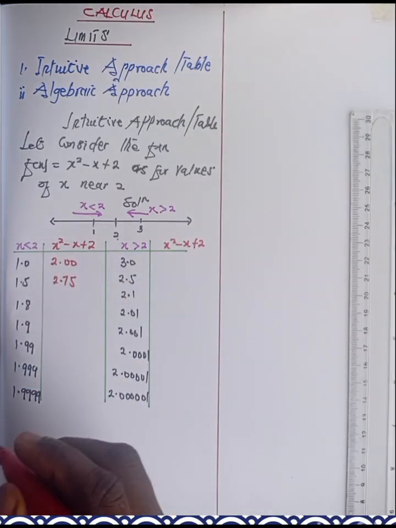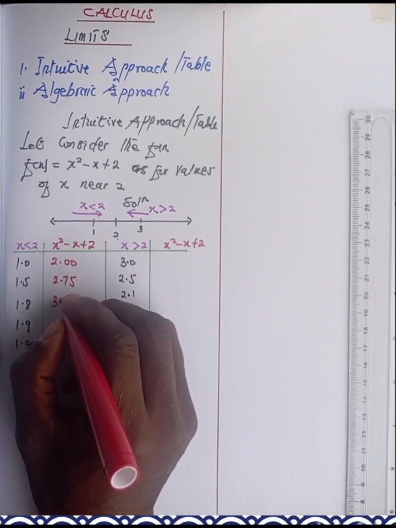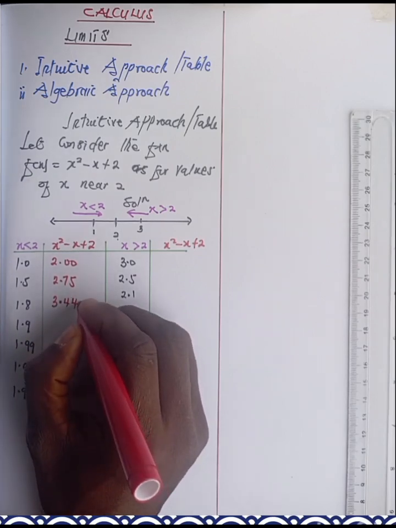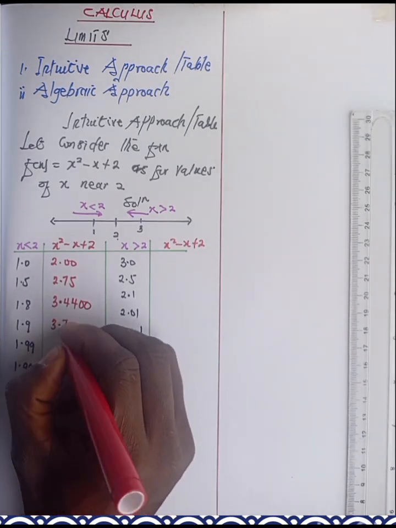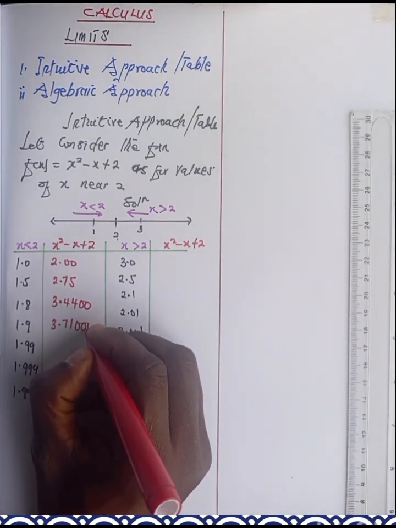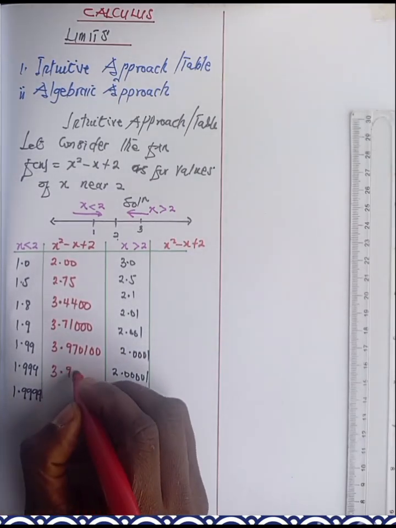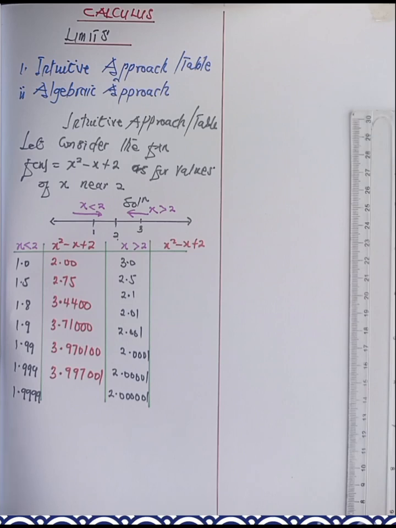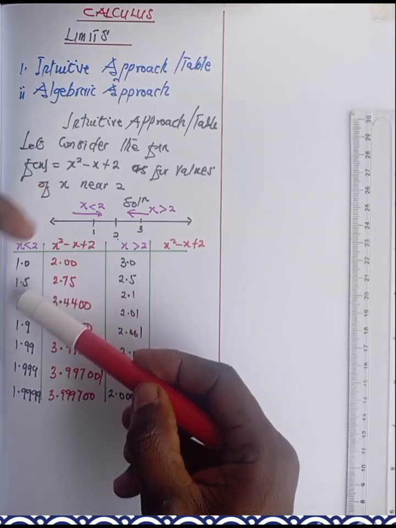At 1.8 we are getting 3.44. At 1.9 we are getting 3.71. We are done with evaluating the values of x approaching 2 from the left.